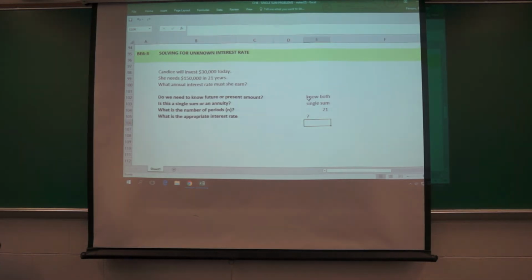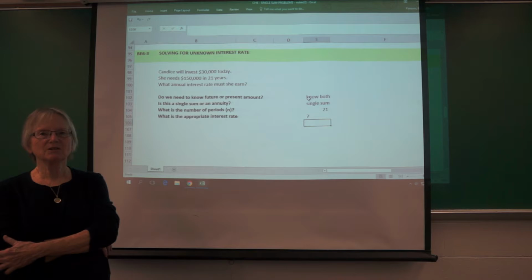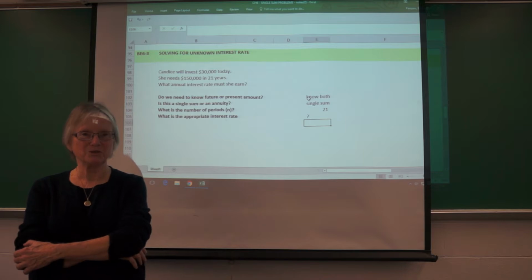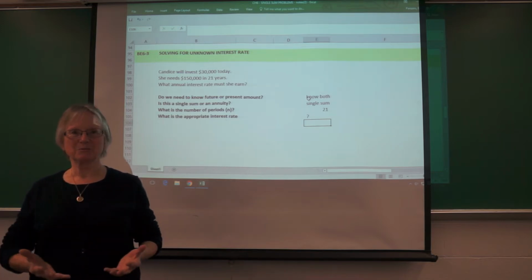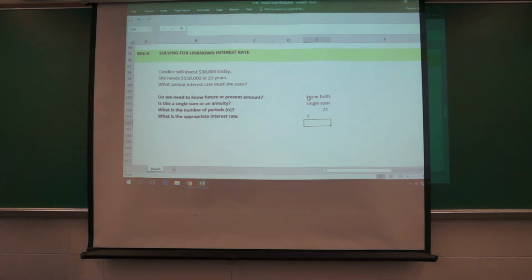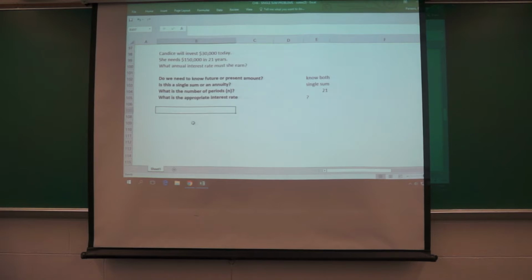So when you're setting these up, you can set them up using either the present value or the future value tables, whichever makes more sense to you. But it's all keeping in mind what you're trying to accomplish and just setting up the problem. So let's look at using the present value method.